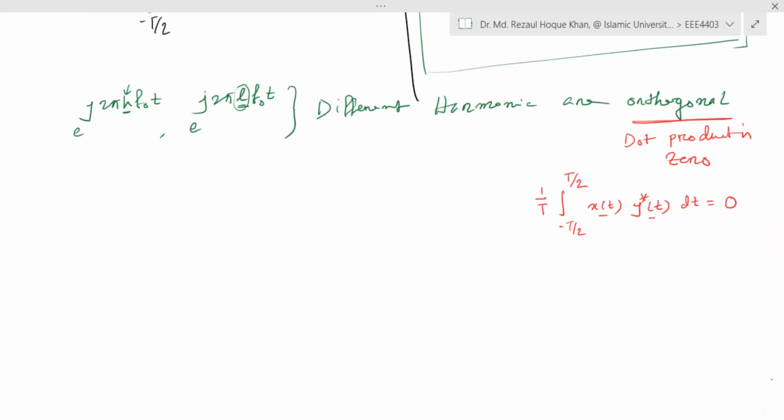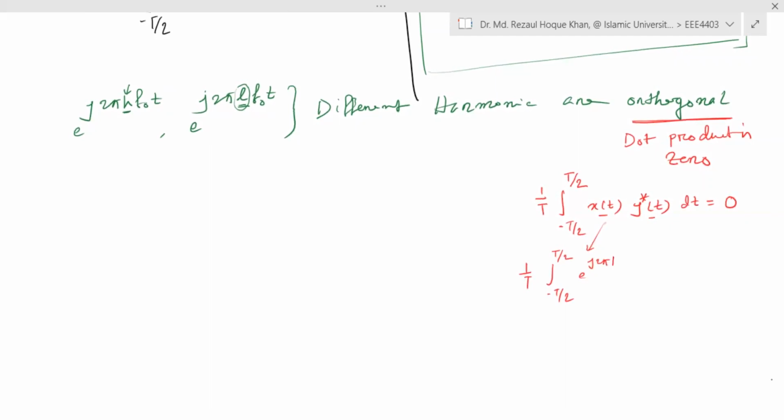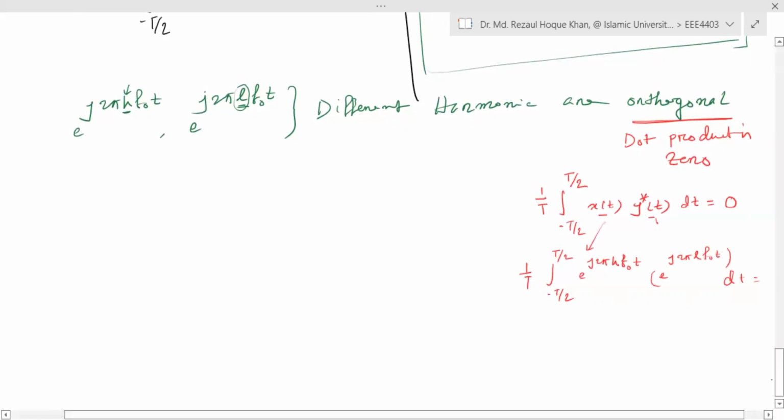So if we replace x(t) by e to the power j 2 pi k f0 t, and y(t) by e to the power j 2 pi l f0 t for a specific l, with 1 by T integral from minus T by 2 to T by 2 dt, then taking the complex conjugate or dot product of these signals, their value will be 0. That's what we mean by orthogonal.